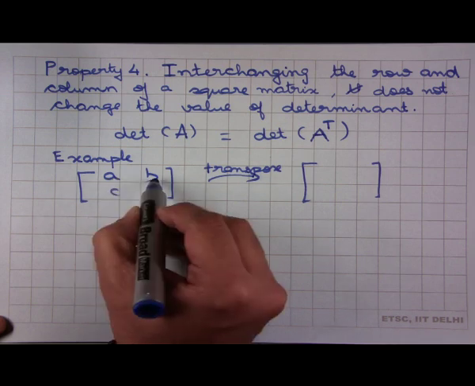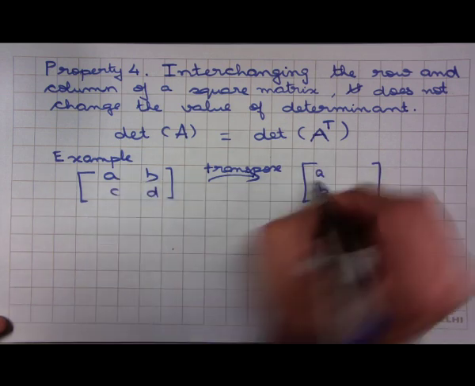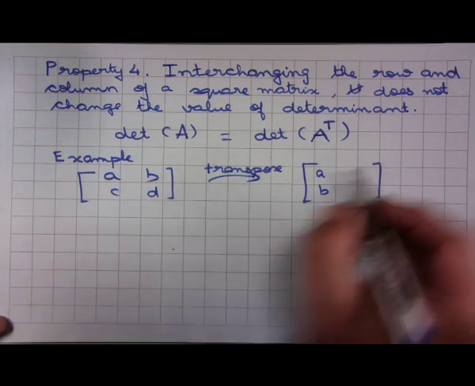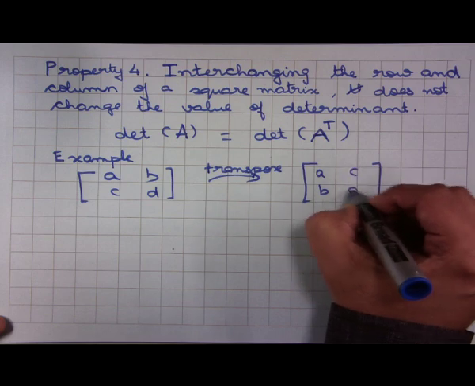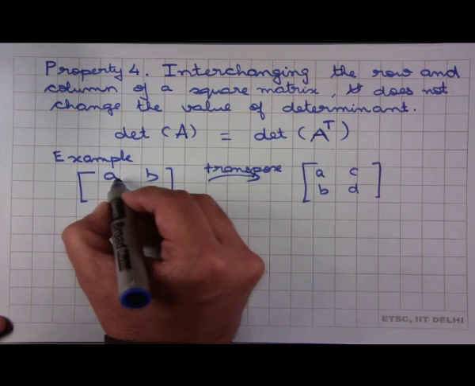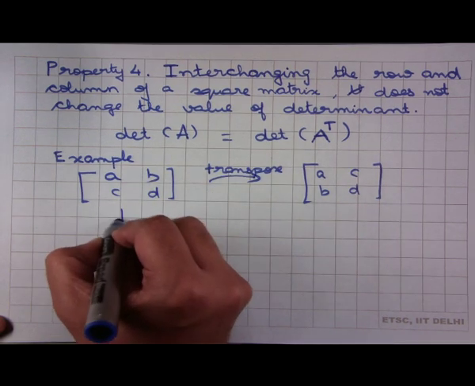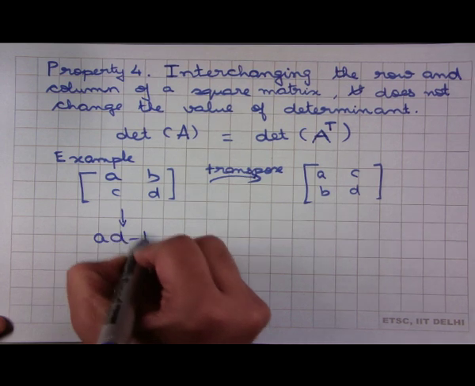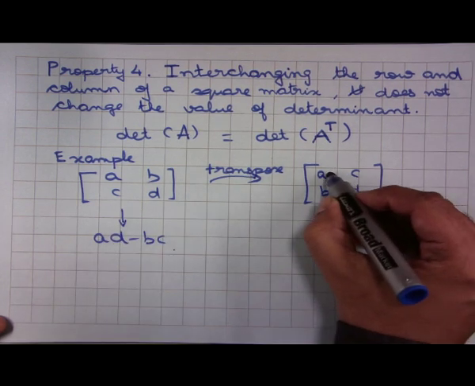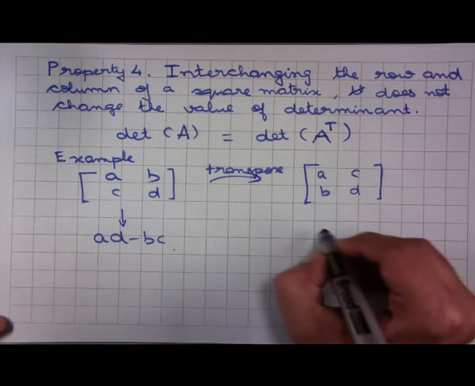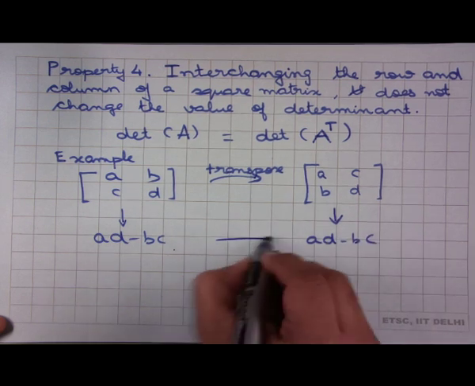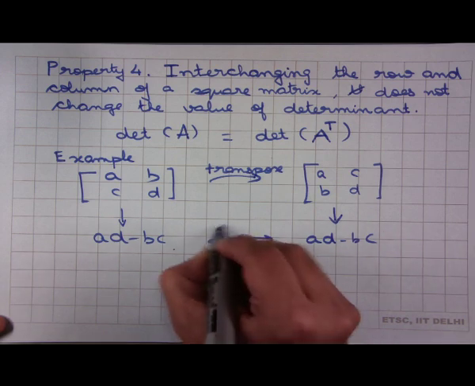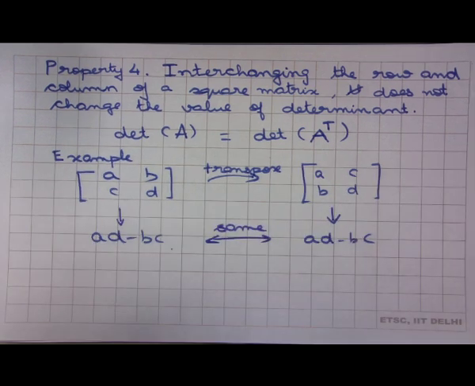Here A B is a row, so we can make that a column A B. Again C D is a row, we can make that a column C D. The determinant of the first is A D minus B C. What about the transpose? Again the determinant is A D minus B C. So, these two are the same. You can take a transpose of a matrix and get the same determinant. This is for a 2 by 2 matrix.